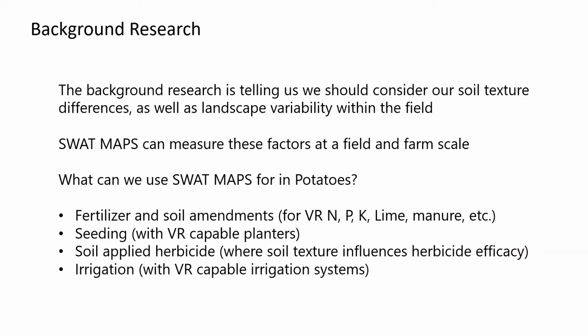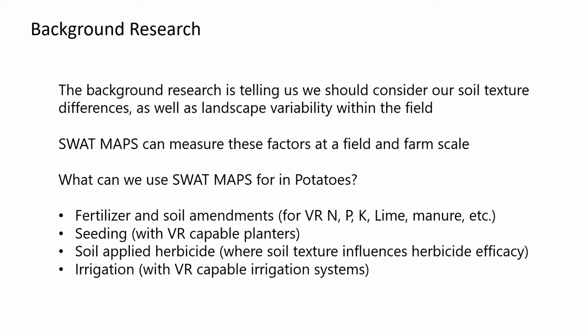So the background research is telling us that we should consider soil texture differences and landscape variability within the field. And we can do that with SWAT maps on a large scale. So what can we actually use SWAT maps for in potatoes? Well, fertilizer and soil amendments, so variable rate applications of things like nitrogen, phosphorus, potassium, lime, manure, and more.